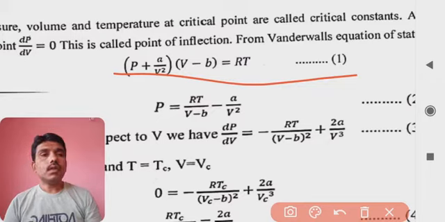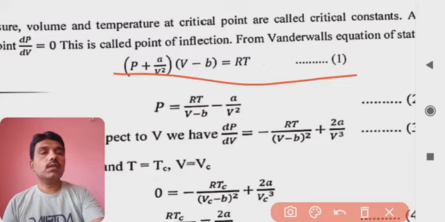So here, (P plus a by V square) into (V minus b) is equal to RT. This is the van der Waals equation of state. With a little adjustment, if V minus b goes to the right hand side, it will be RT divided by V minus b.